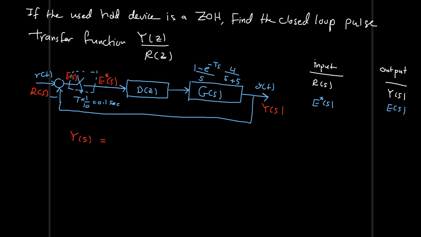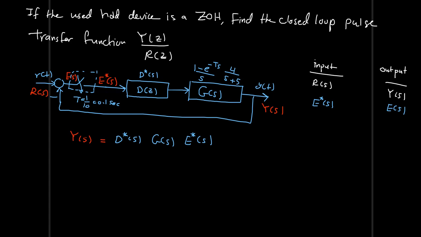So Y of s will equal, you know that if we have D of z, this means that we have D star of s, because D of z and D star of s are related by z equal exponential of Ts. So Y of s will equal D star of s, G of s, E star of s.